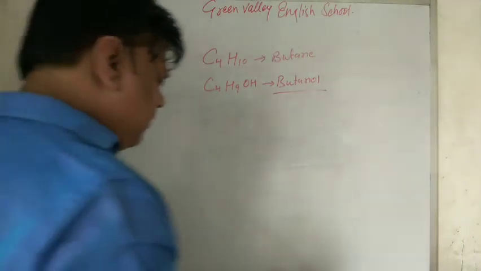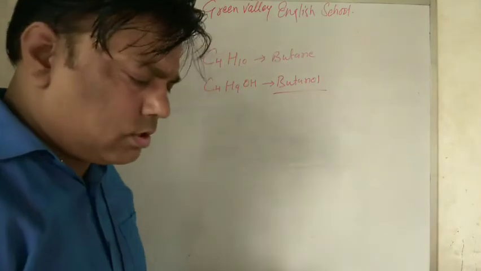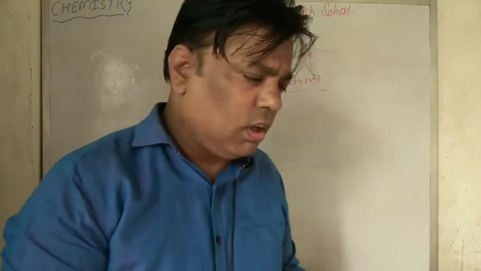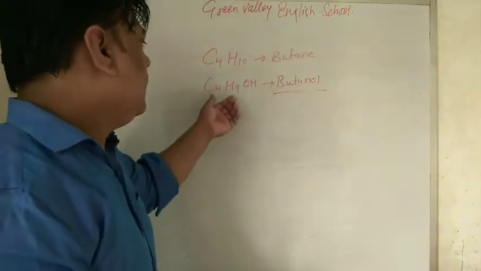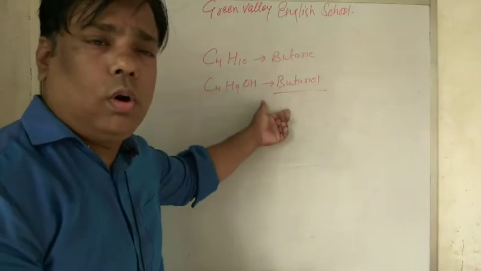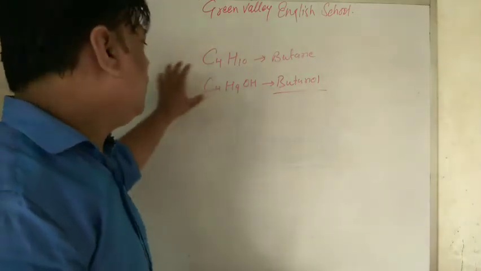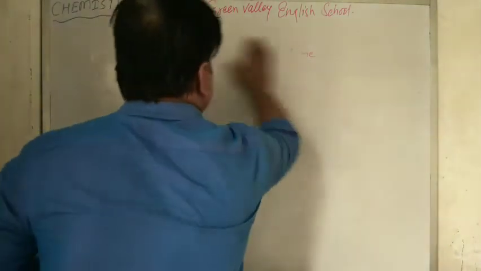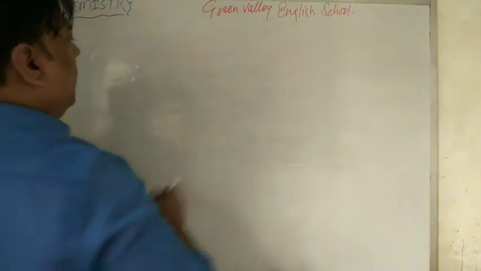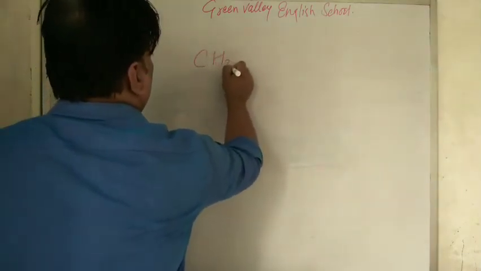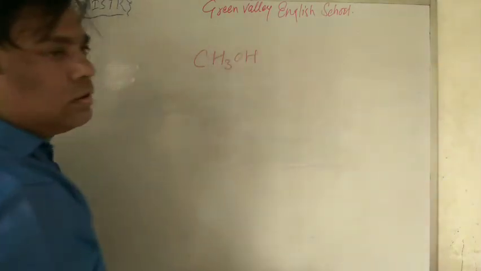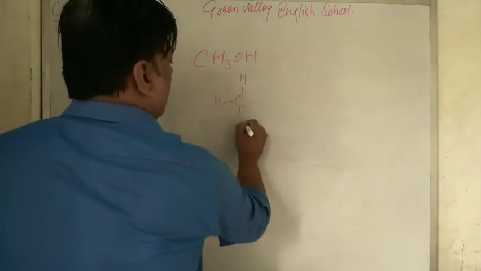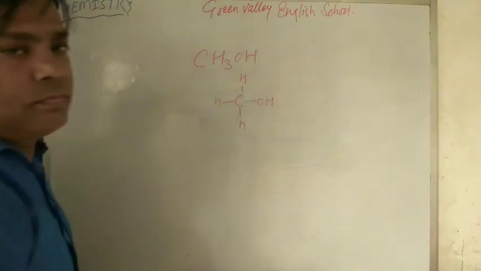Actually there are two types of nomenclature. First one is called common name and second one is called IUPAC nomenclature. If I talk about common names, then it is methyl alcohol, propyl alcohol, butyl alcohol, and the IUPAC name is butanol. For example, what is the name of CH3OH? There is one carbon, 3 hydrogens, and one OH group attached to it.